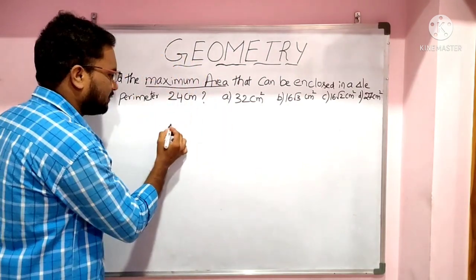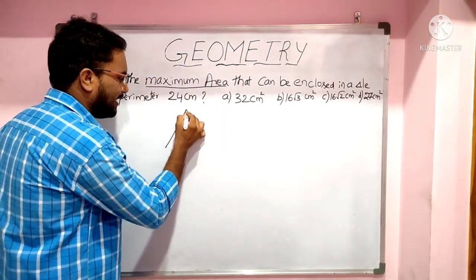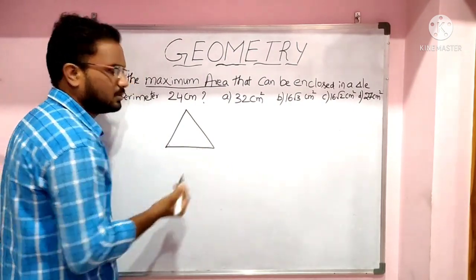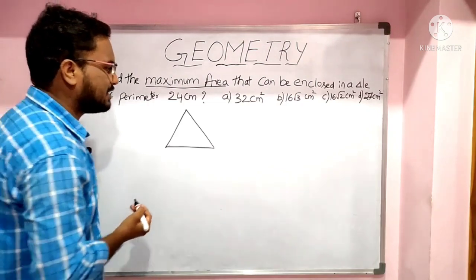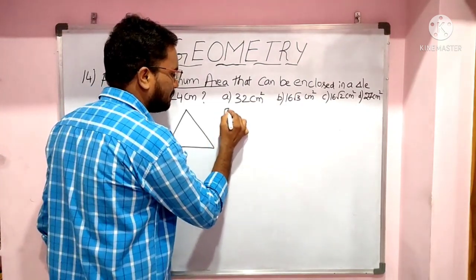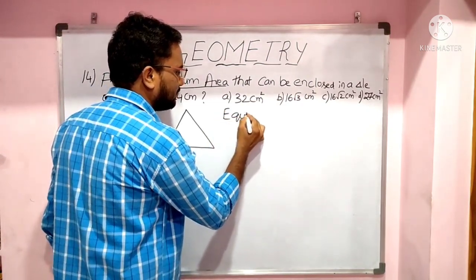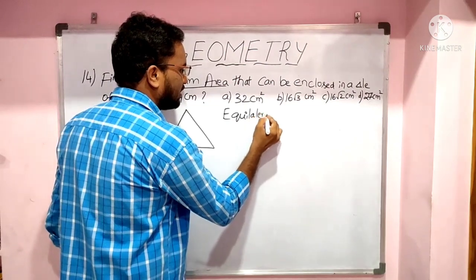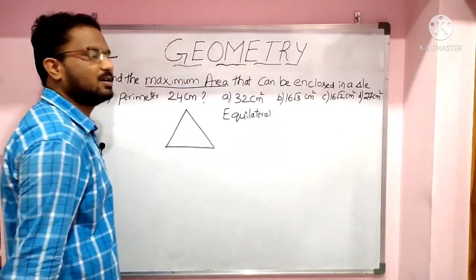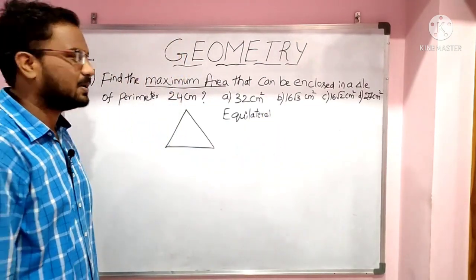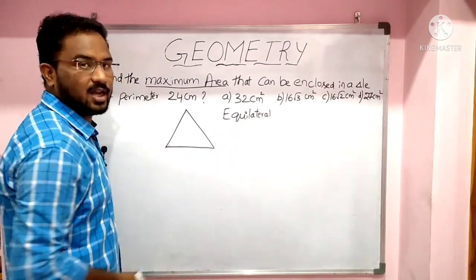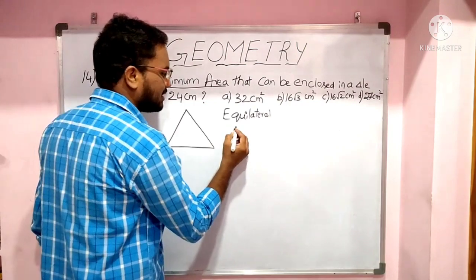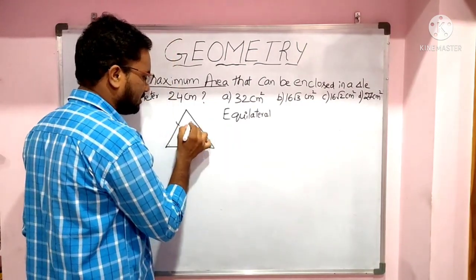For a triangle with given perimeter, the equilateral triangle will have maximum area. Of all the triangles with given perimeter, the equilateral triangle will have the maximum area, because in an equilateral triangle all sides are equal.